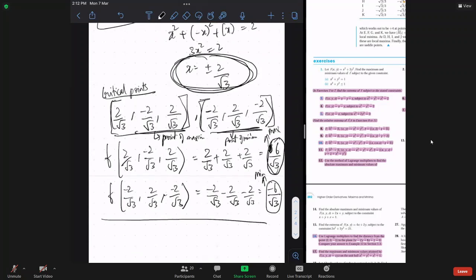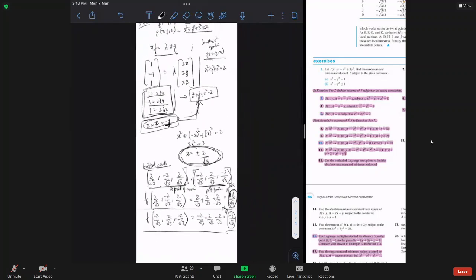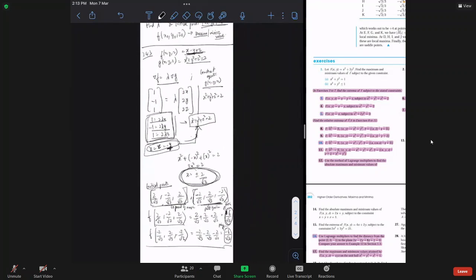Once you find that out, you can easily find out which one is the maximum and which one is the minimum. In some questions, you'll just get 1 point. If you try to find out the value at that point, it might be either a maxima or a minima, which you'll try to figure out. So yeah, that's basically the method of solving problems of this type.